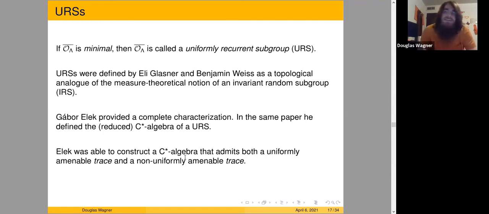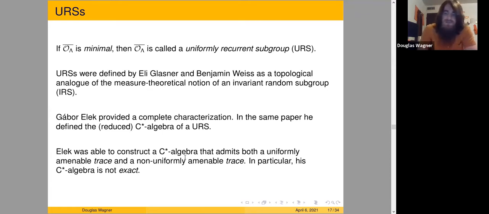Point is that it's a new and exotic C-star algebra with interesting, strange properties, such as it's not exact. I'll get back to exactness in part 2. But I wanted to see if we could create other strange C-star algebras and answer more questions.